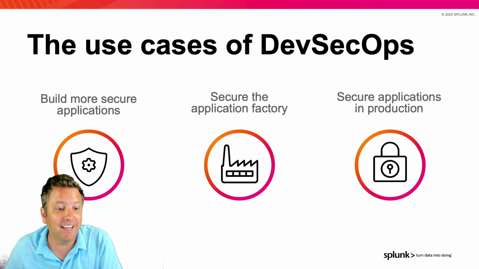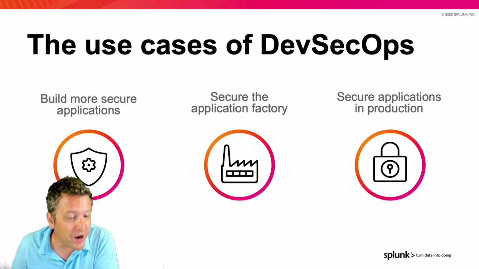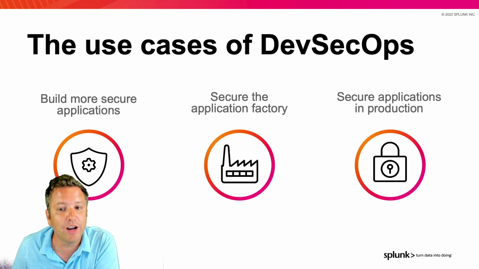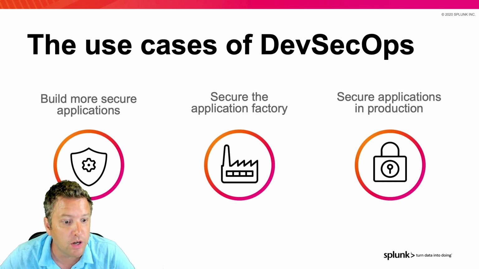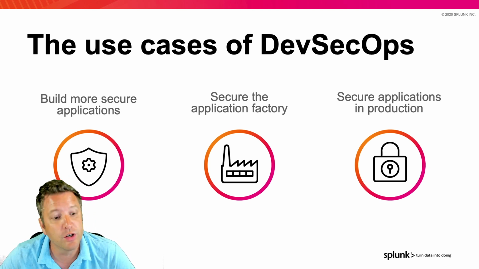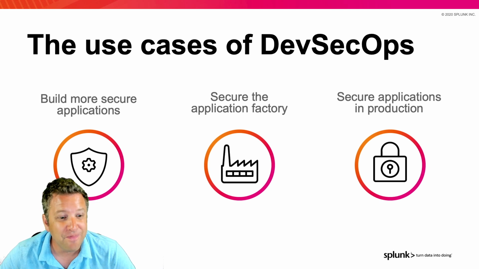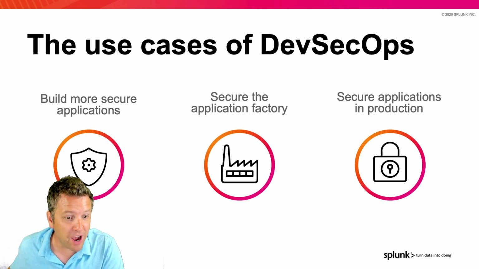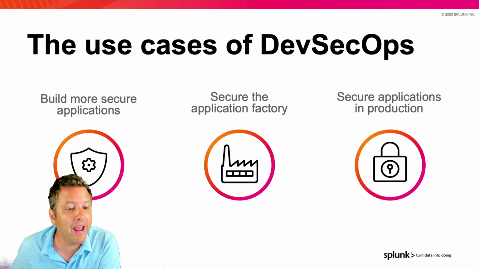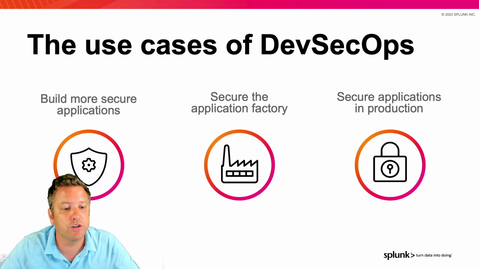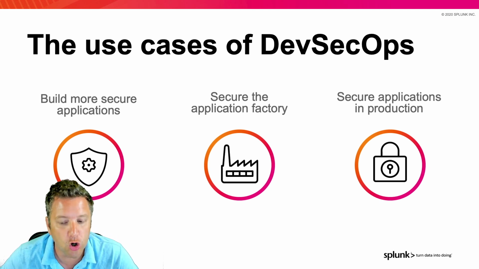And then finally, the thing that we already know pretty well, which is securing applications in production. We do this with SIEM, we do this with SOAR technologies, and we kind of have that locked down. However, we can make production security better by having a better understanding of what happens earlier in the delivery chain.